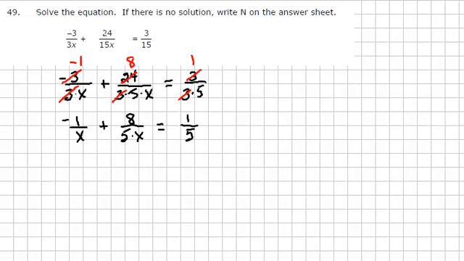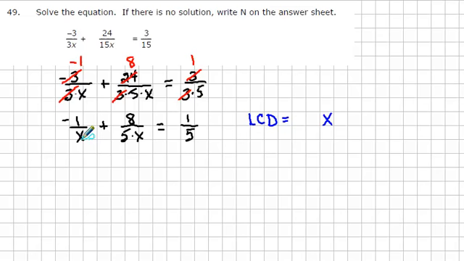So now that we've simplified the fractions, we do want to find the least common denominator. To find the least common denominator, we list all the factors of the denominators, the most number of times that they occur. So in the first fraction, we have x in the denominator, so x is one of the factors.